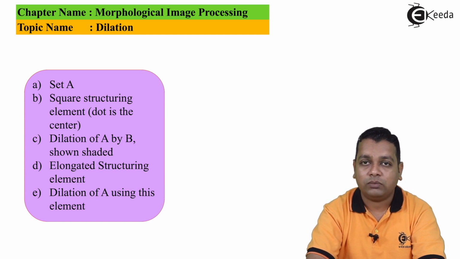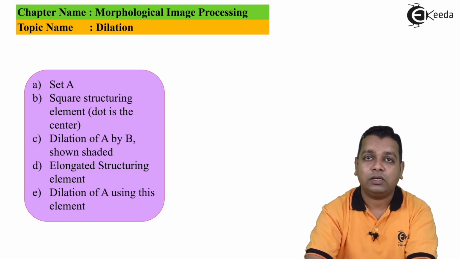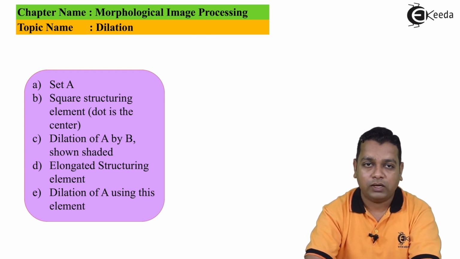The capital A can be represented a complete white square we have. Now the part B is the structuring element. It is also having the square shape and the dimensions are represented as small d by 4 in this case. See here, in this case, the reflection capital B cap is nothing but the capital B itself. So the dot is at the center position in the representation of the structuring element.